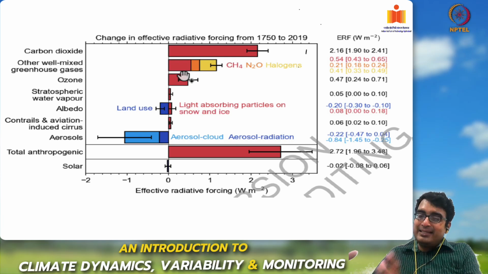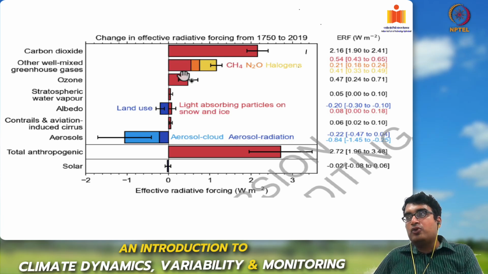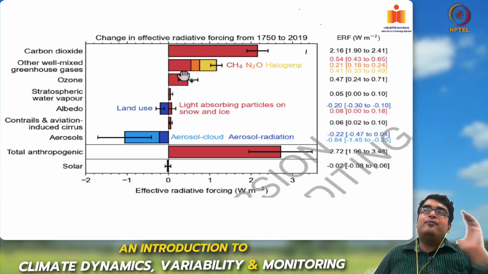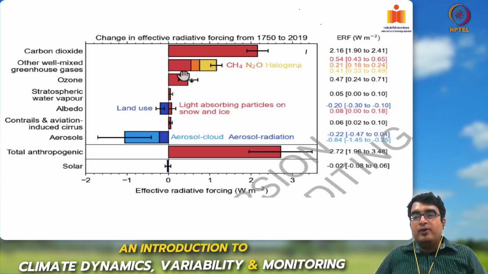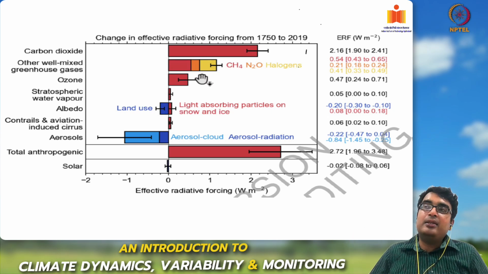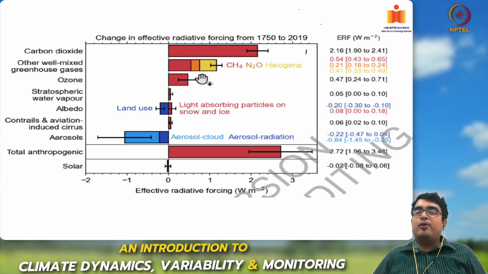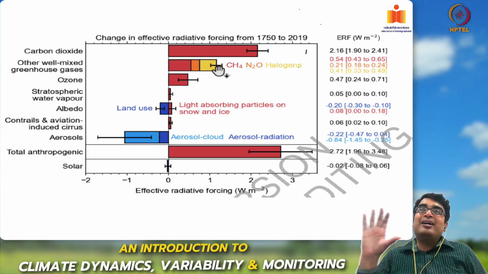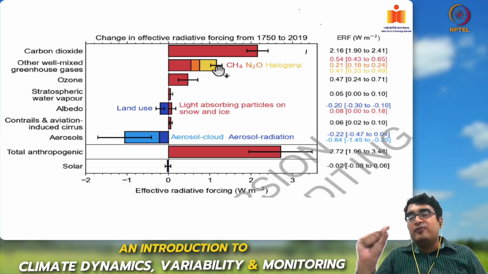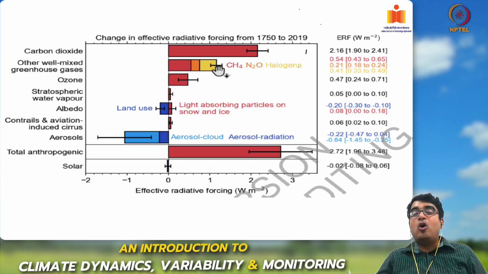So an increase in concentration of stratospheric ozone would have caused a negative radiative forcing event. However, because of the emissions of the halogens, the CFCs, the chlorofluorocarbons used for air conditioning systems, the concentration of ozone in the stratosphere has declined.